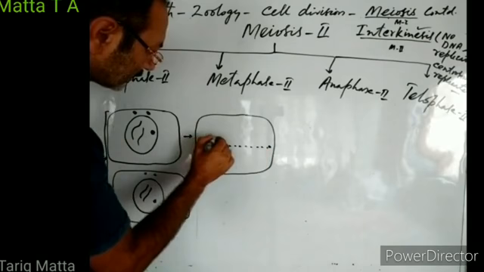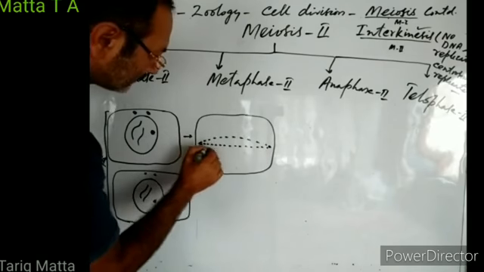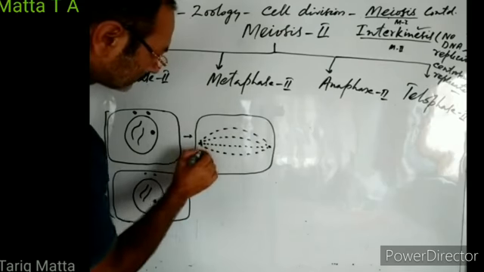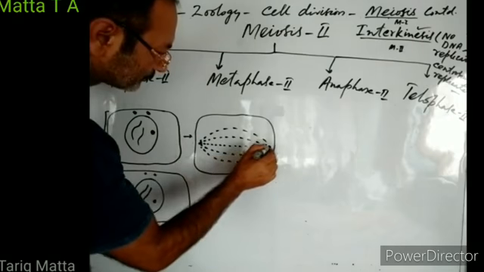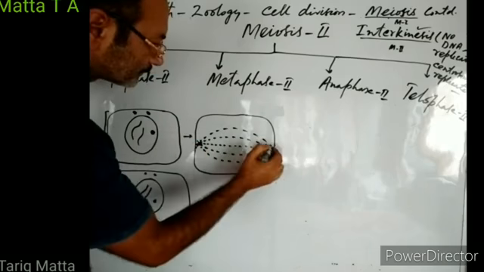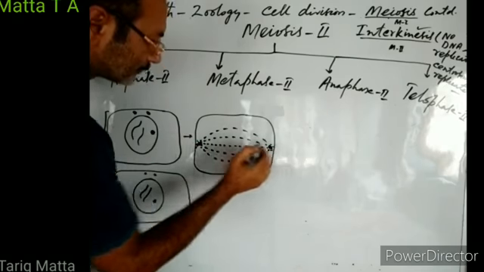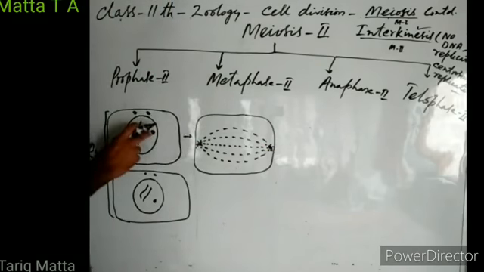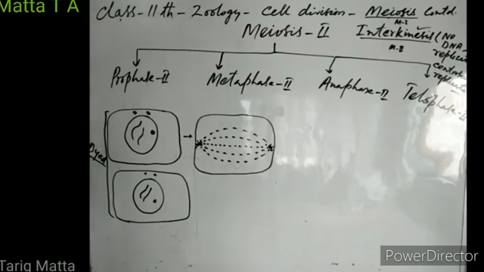They organize the spindle. The nuclear membrane and the nucleolus disappear.